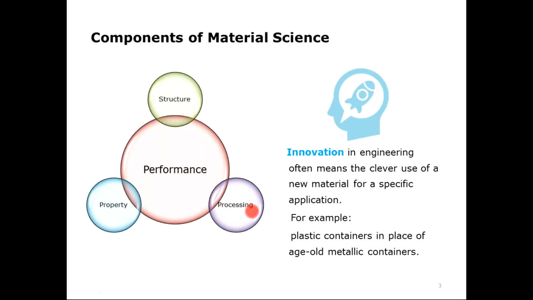All these steps together constitute the processing for a material. But processing alone will not matter, what type of property we get for the material is also very important. The performance of the material may be given for a specific application.